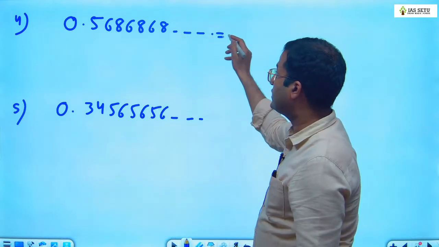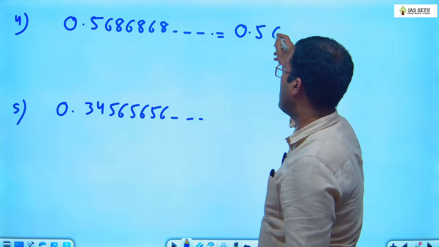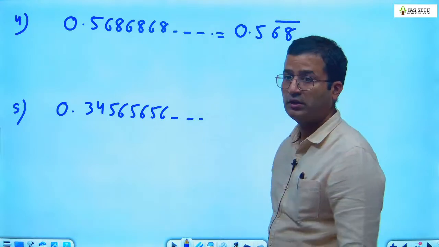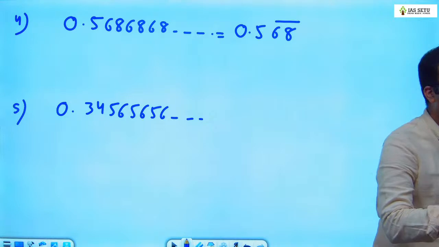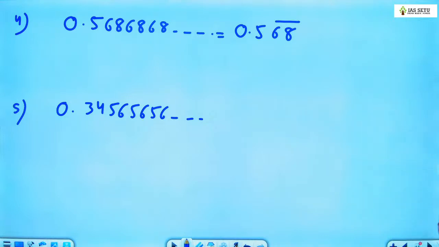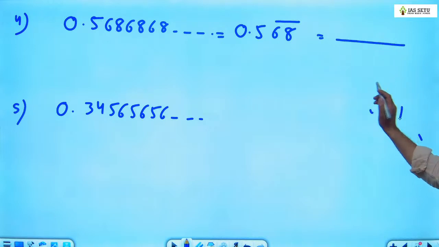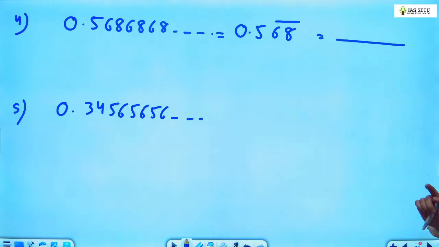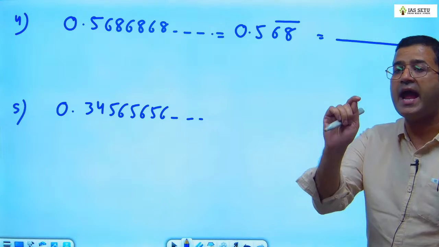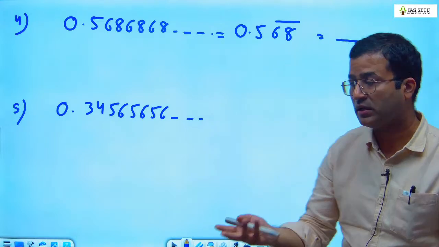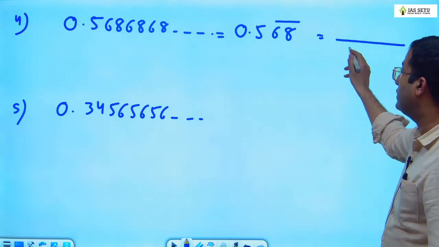So we express it as 0.5 then 68 bar. 5 is not repeating, 6868 repeats. There is 6, 8 and 6. Step by step. First denominator. As many 9s as many digits under the bar. There are 2 digits under the bar, double 9.